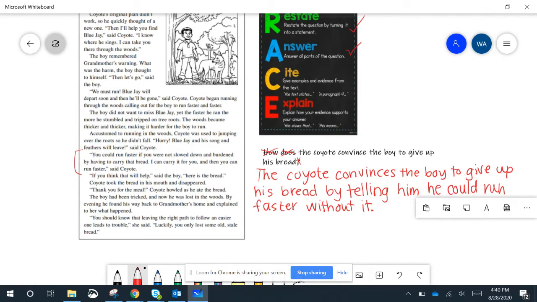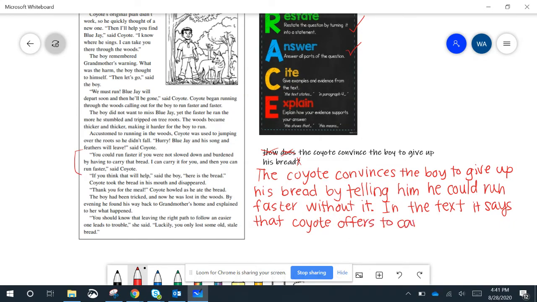So I need to tell them, where did I get that information from? So in the text, it says, so I'm going to look back in my paragraph, that the coyote offers to carry the bread for the boy.